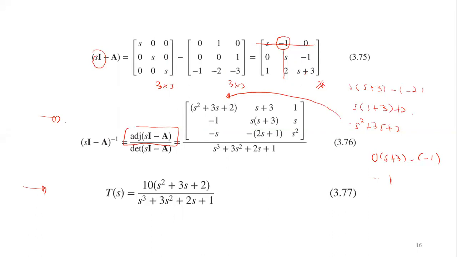The formula is T(s) equals Y(s) over U(s), which equals C multiplied by the inverse of (SI minus A), which is this one, multiplied by the B matrix plus D. So substitute the B matrix and D matrix and you will get this answer for the 3 by 3 matrix.